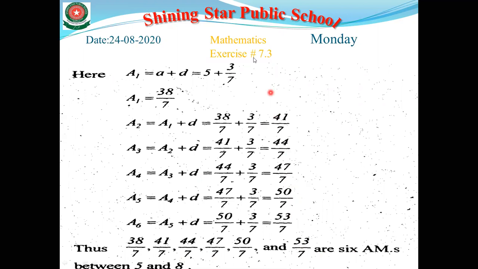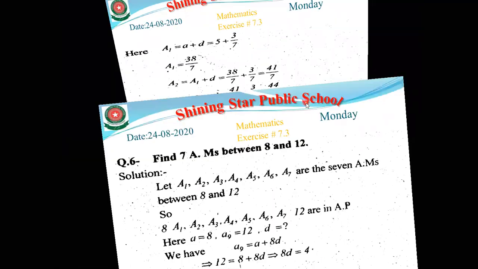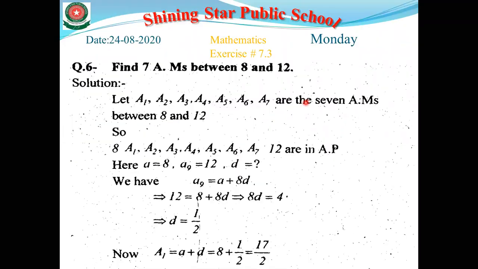Okay. Now, let's move to the next part. Question number 6. It's a very simple exercise. For question number 6, find 7 AMs between 8 and 12. Again, the same logic which we adopted in our previous questions.